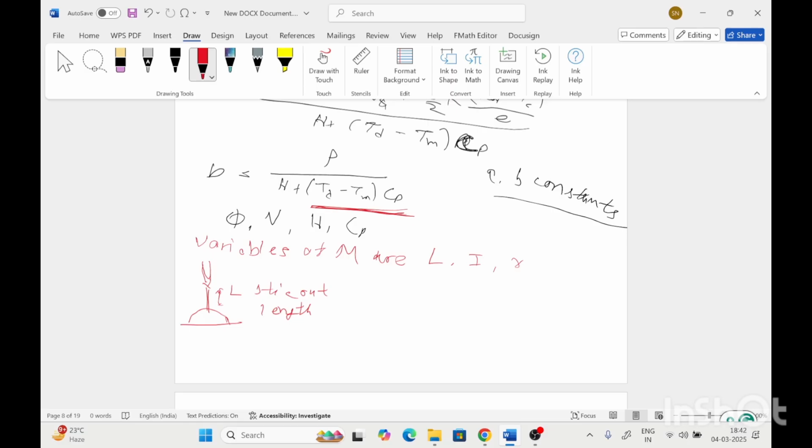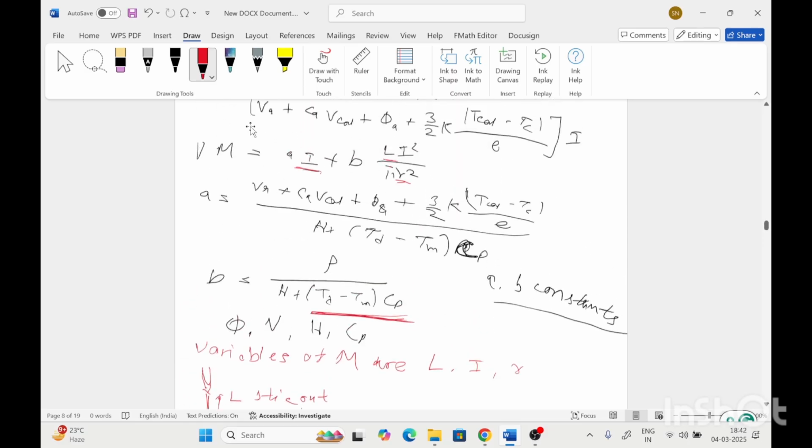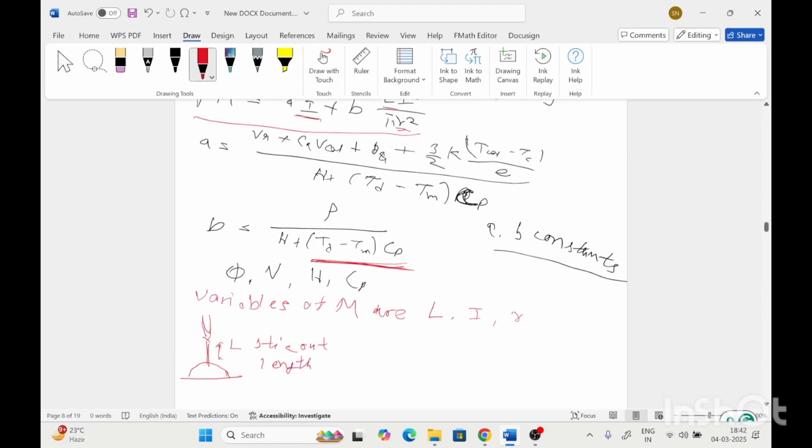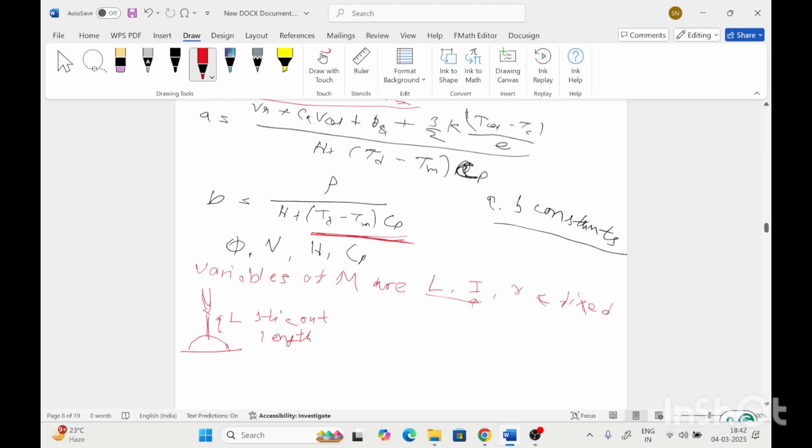So for this condition, this melting rate equation, and if the wire diameter is also fixed, we have only two variables, stick out length and current. So we can vary our welding process heat input by melting rate by varying these two inputs, current and the stick out length.